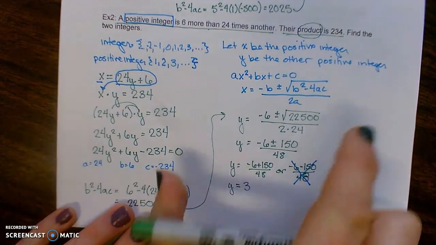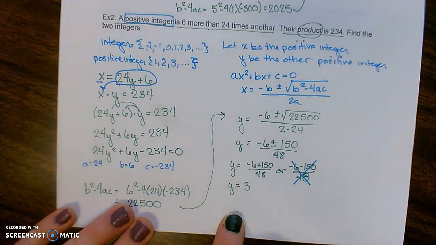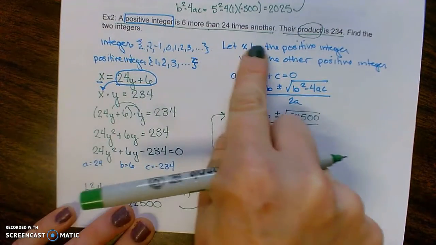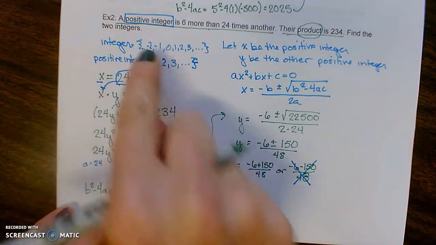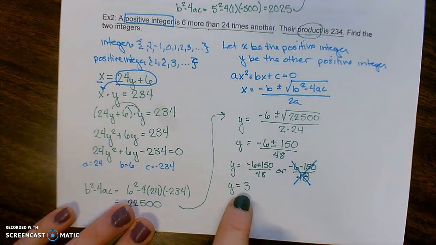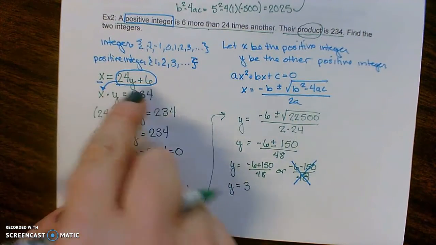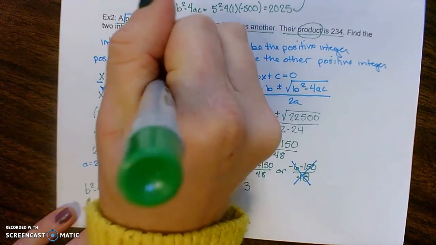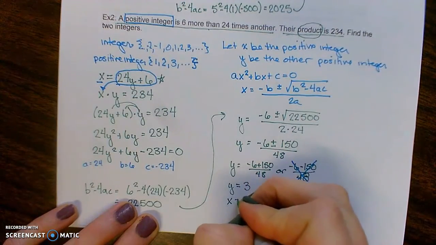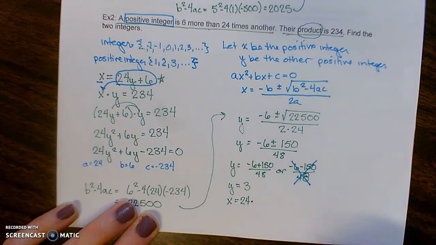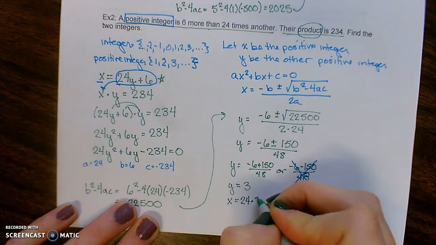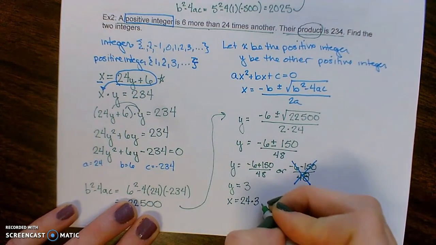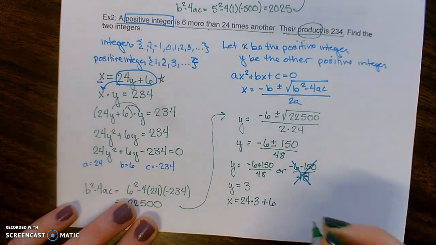And let's make sure, does this answer the question? Find the two integers. So 3 is the first integer. We can find the second integer by using this equation. x will be 24 times whatever y was, which we got, y is 3, and then plus 6.